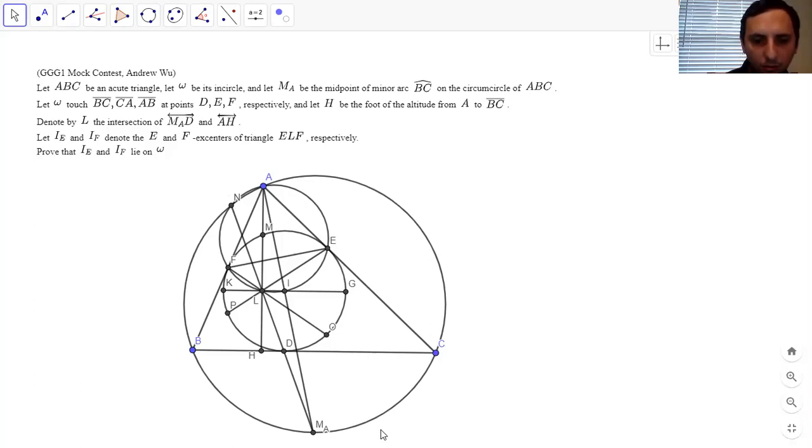Hold on one second. So basically what Feng said is I lies on the perpendicular bisector of EO, and also angle EIG is angle OIG. So G has to be the midpoint of arc EO.